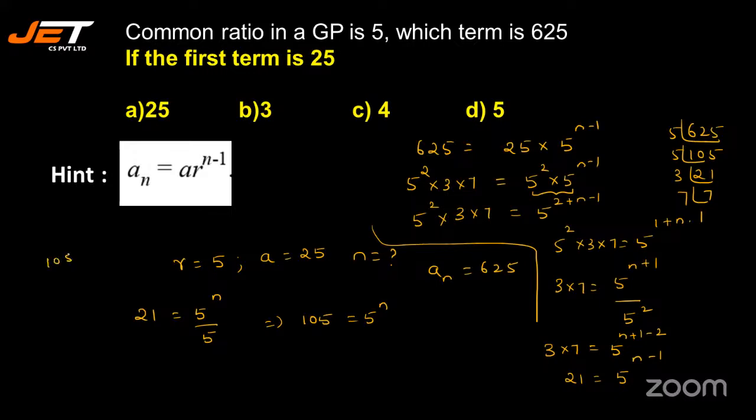Now let's try. Same thing you get, isn't it? So 5 into 21 is 5 power n, right? All right. So, just a second. All right. Yes. So it is 625, isn't it?